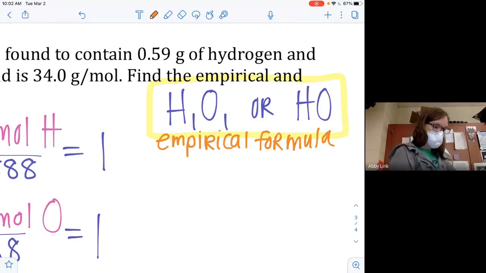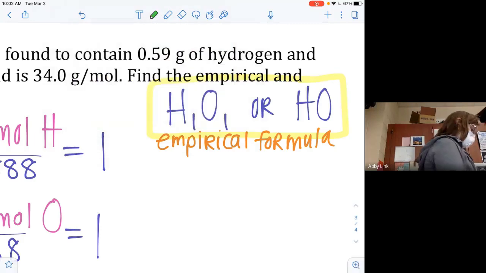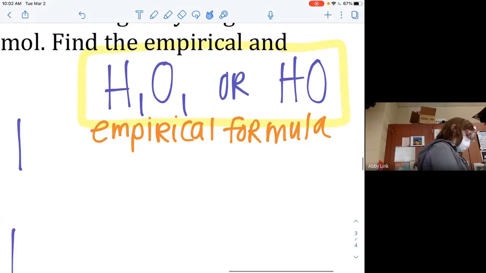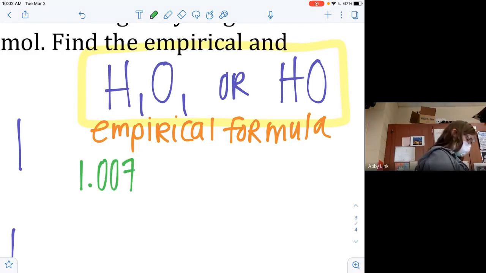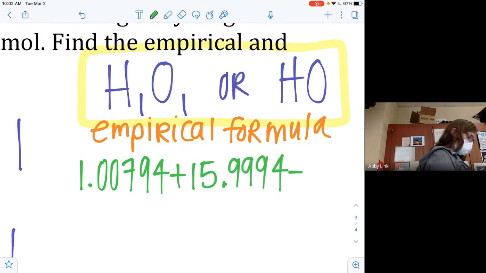Now we need to look at our molecular formula notes. We did part 1. Part 2 says find the molar mass of the empirical formula. Okay, we can do that. So we've got 1 hydrogen and 1 oxygen. So hydrogen's molar mass is 1.00794, plus oxygen's mass is 15.9994.